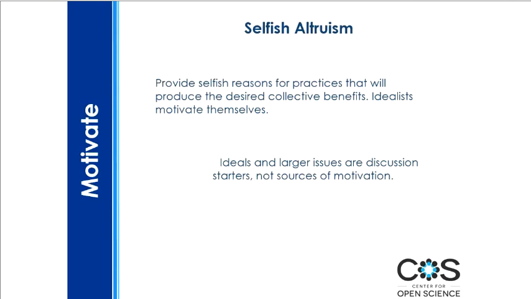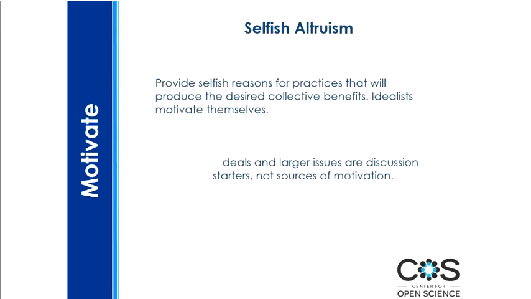Open science as a term tends to be mentioned in large and abstract discussions about the benefits that we can all have collectively. I think collective benefits are excellent, and the ideals are easy to get people to agree with, but I consider those more discussion starters, not the thing that I expect to motivate researchers at 3 a.m. when they are just trying to get that thing out the door.